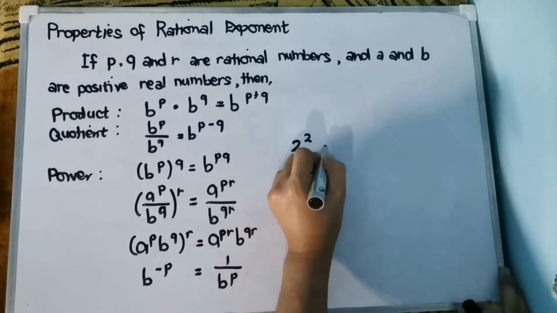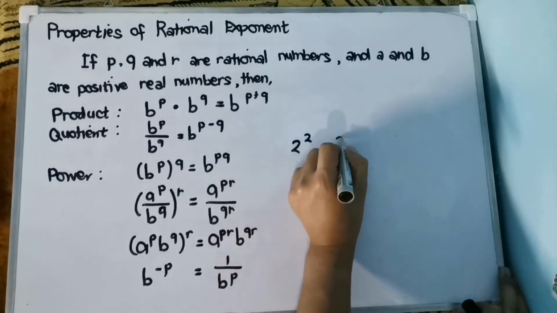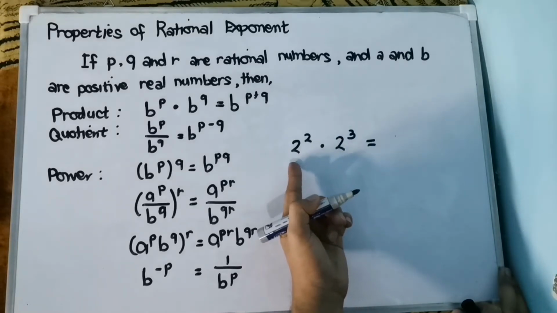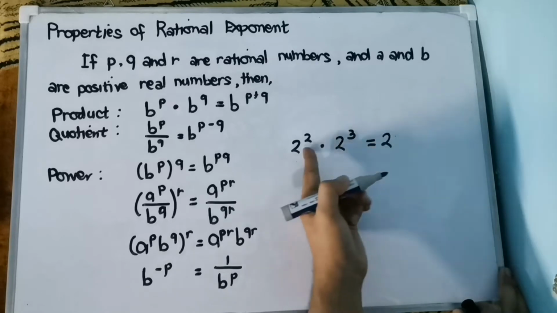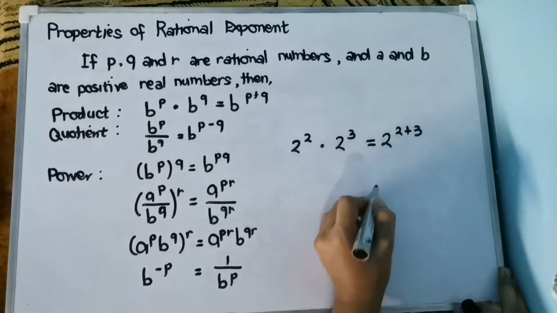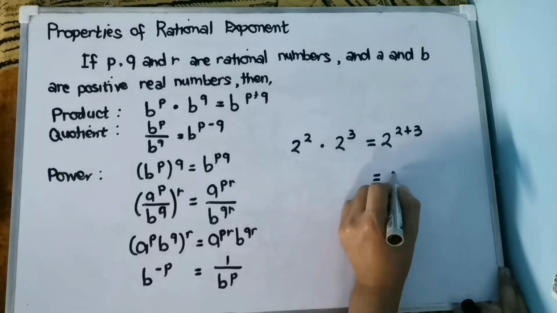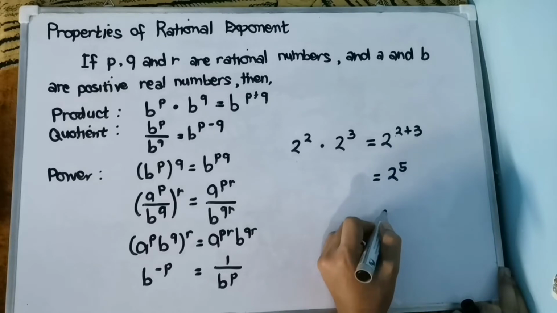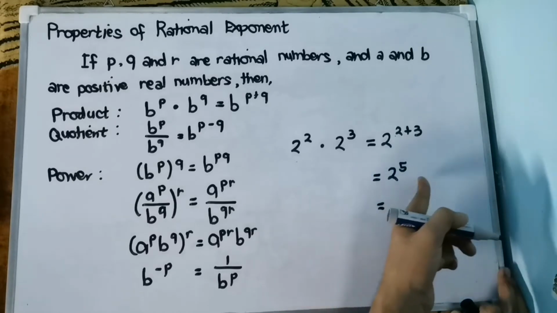2 squared times 2 cubed. We have the same base, 2, and then we just add the exponent. So 2 plus 3 is 5. So that is 2 to the 5th.